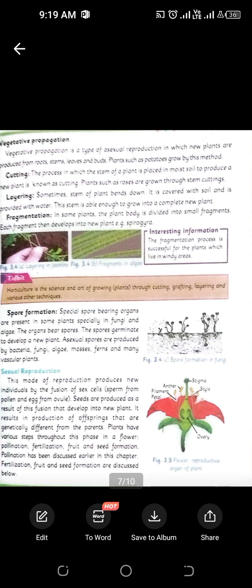Stigma, style, and ovary, all together known as carpel, which is a female reproductive part. The female reproductive part of a flower is known as carpel, which consists of stigma, style, and ovary, while the male reproductive part of a flower is known as stamen, which consists of anther and filament.